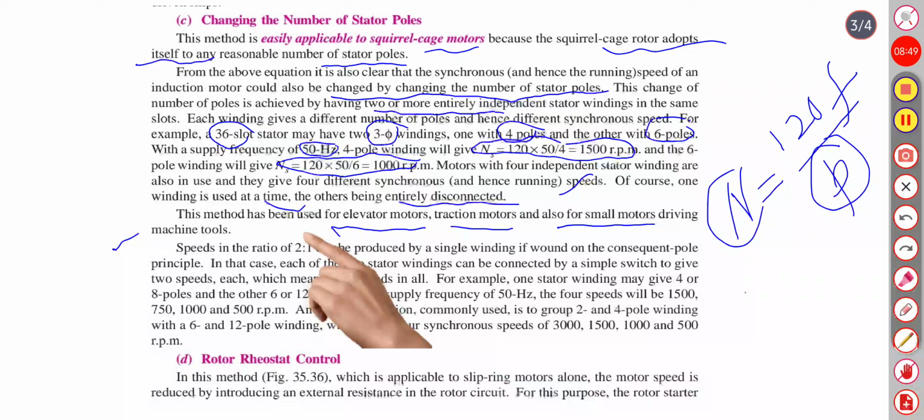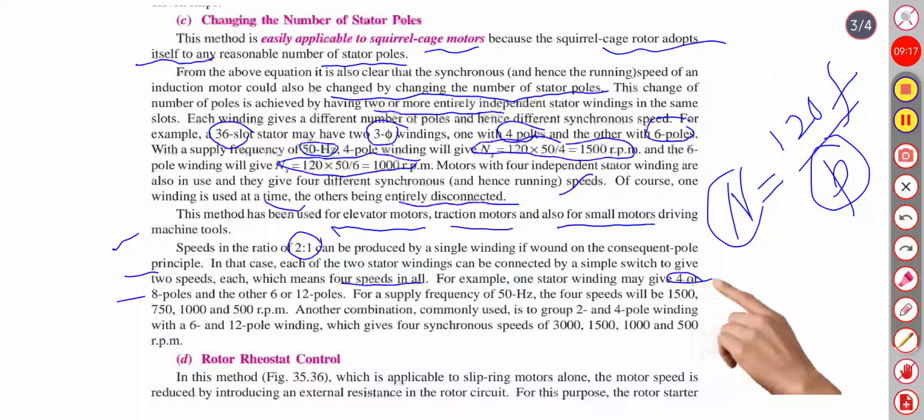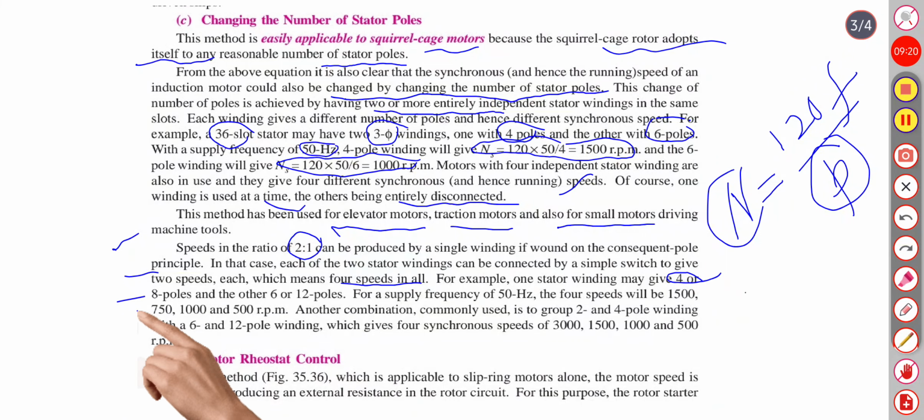Speeds in the ratio 2:1 can be produced by a single winding if wound on the consequent pole principle. In that case, each of the two stator windings can be connected by a simple switch to give two speeds each, which means 4 speeds in all. For example, one stator winding may give 4 or 8 pole and the other 6 or 12 pole.